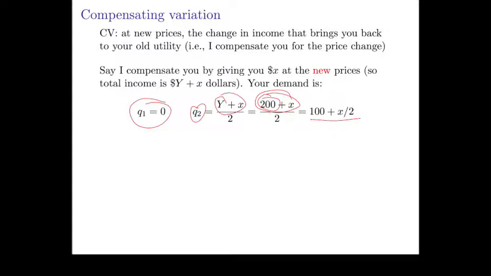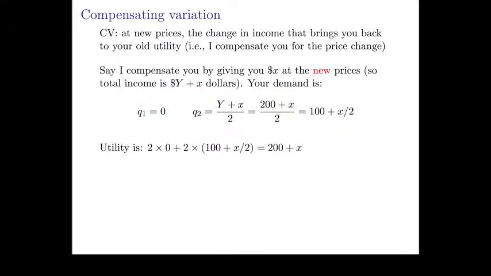So your utility, when the prices are the new prices, if I compensate you with X dollars, is going to be 2 times the quantity of good 1, which is 0, plus 2 times the quantity of good 2, which is 100 plus X over 2.